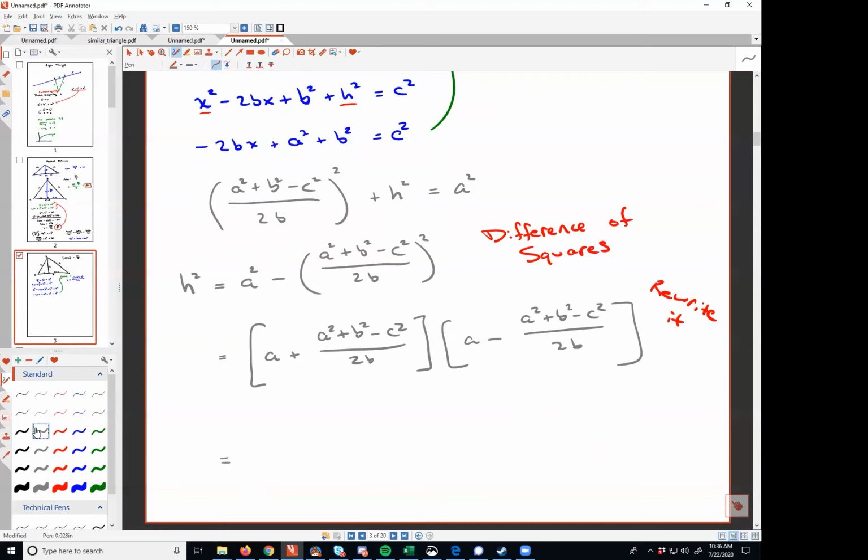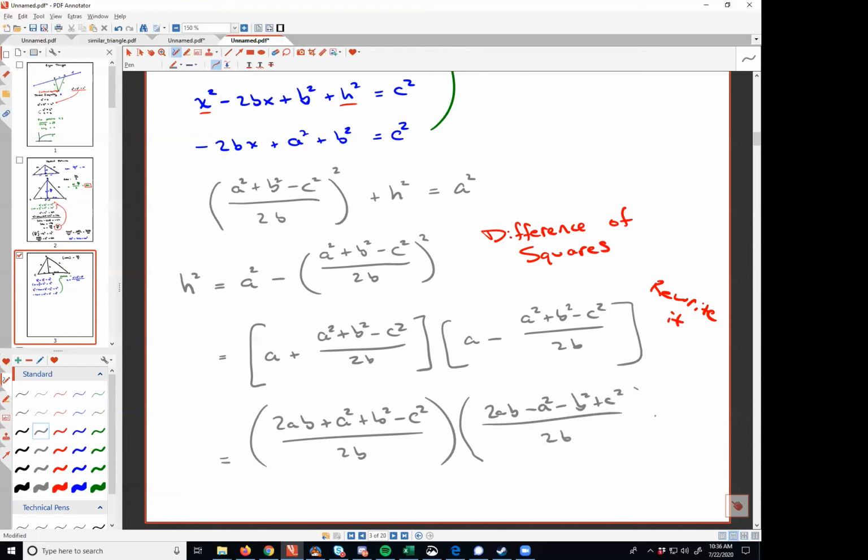And our first factor becomes 2ab plus a squared plus b squared minus c squared over 2b. And our second factor becomes 2ab minus a squared minus b squared plus c squared all over 2b.